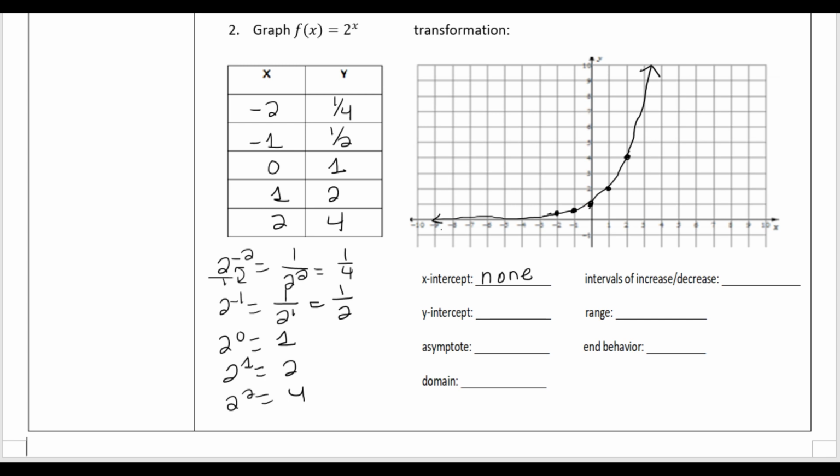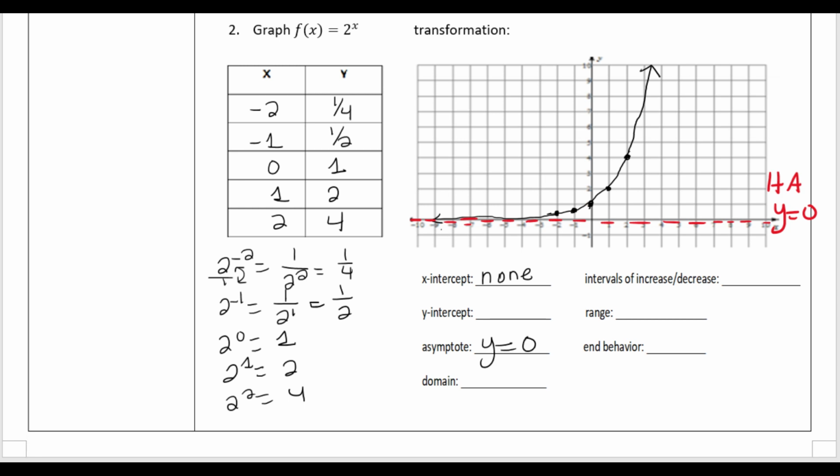So in this example, for an exponential function, the horizontal asymptote is y equals 0. So this is the horizontal asymptote. Let me do that in red. So y equals 0, and that is our horizontal asymptote. So we're going to write that here.